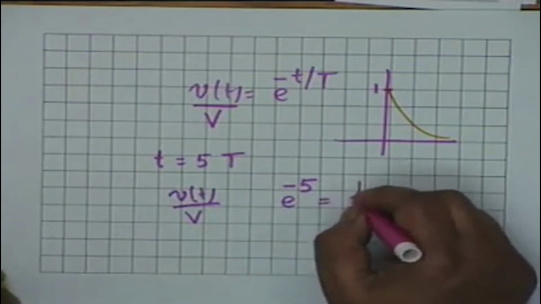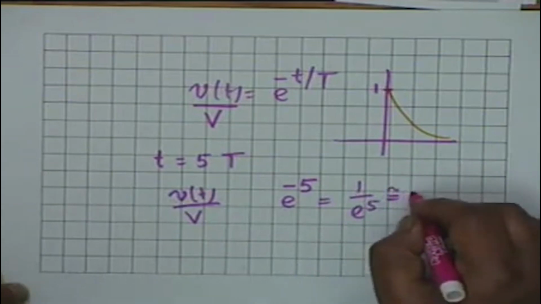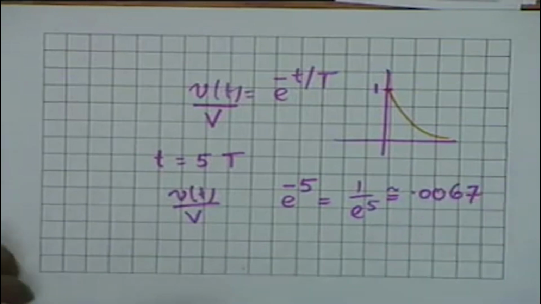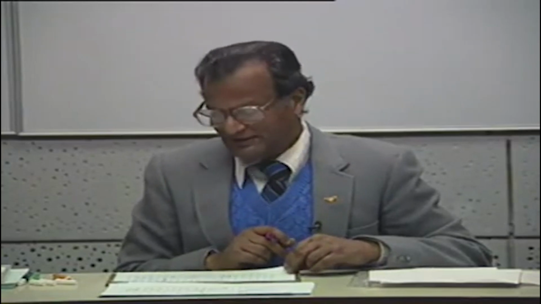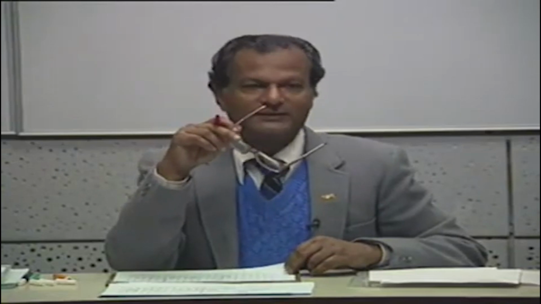That is 1 by e to the power 5, which is approximately equal to 0.0067, less than 0.7%. Alright, less than 0.7%, which is smaller than the accuracy of the ordinary instruments available in the laboratory.